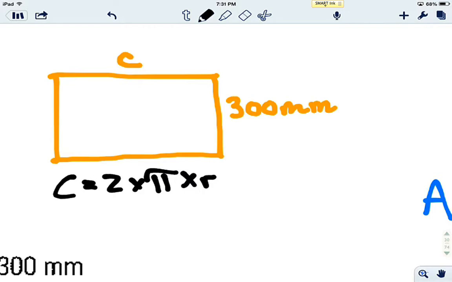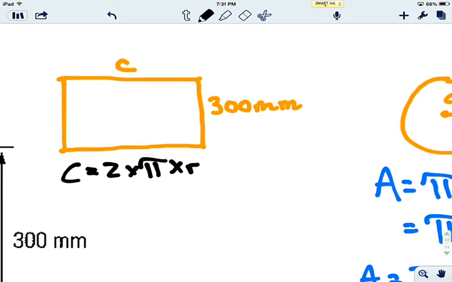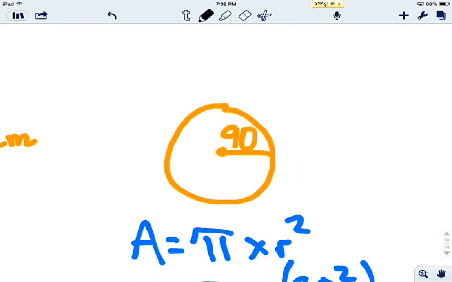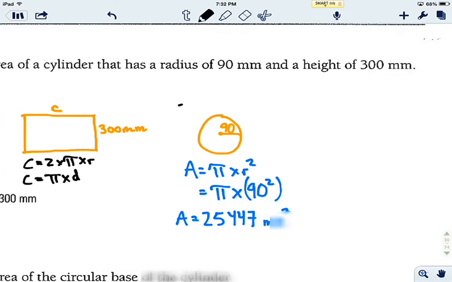The other one is circumference equals pi times d, where d means the diameter of the circle, but I'm going to use the first one. That radius doesn't come from the 300, it comes from the circle. To know the distance around that circle, take 2 times pi times the radius. So let's do that here.